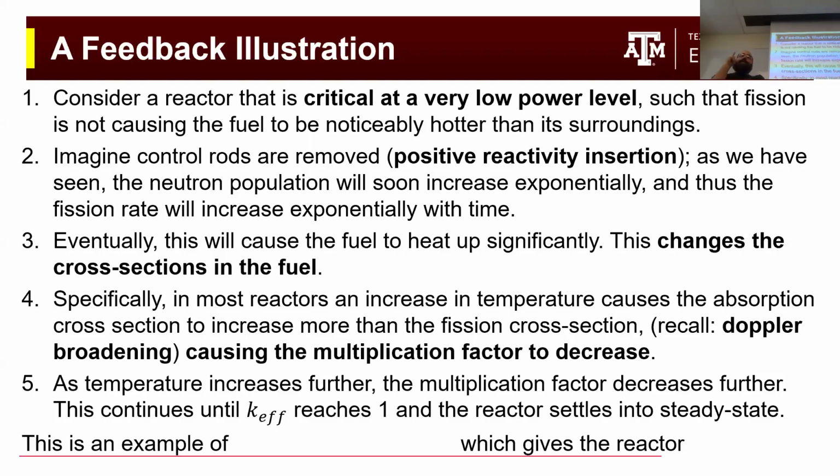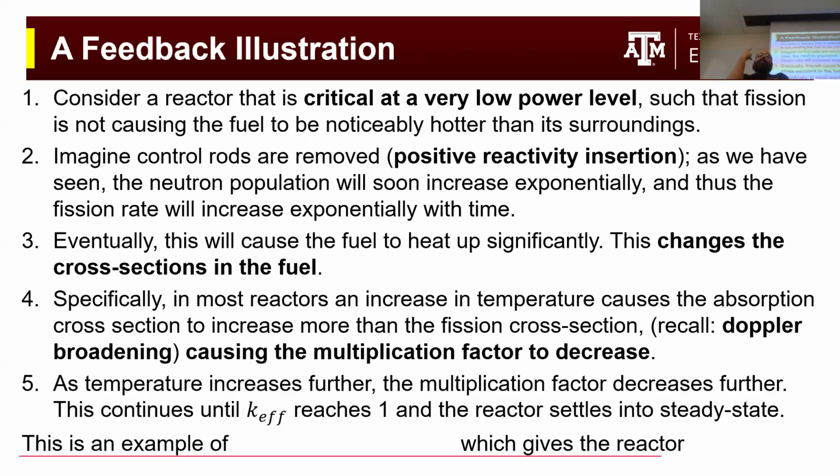So when a temperature increase happens, the resonances in the fuel cause a lot more absorptions of neutrons that don't lead to more fissions. It's like a parasitic absorption caused by the broadening of those resonances. That's the whole idea behind Doppler broadening, and as a result, the multiplication factor is going to go down.